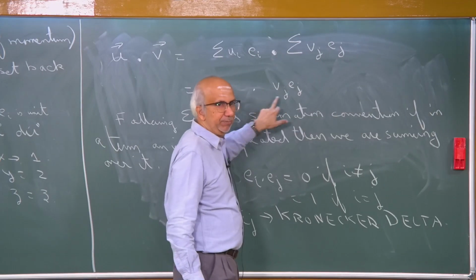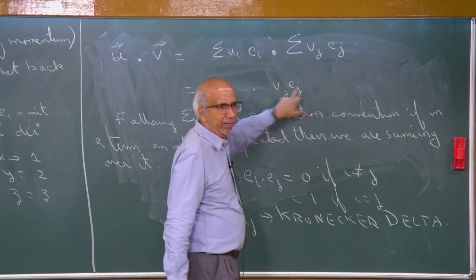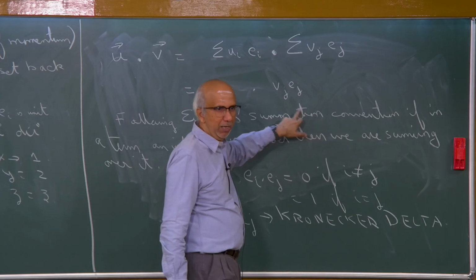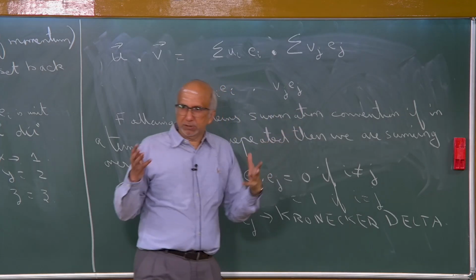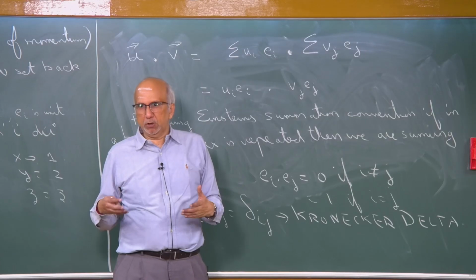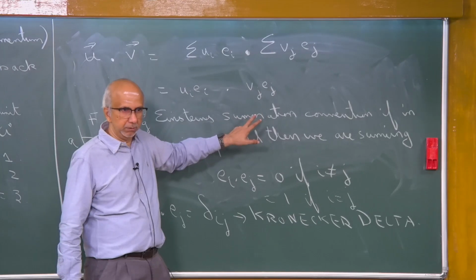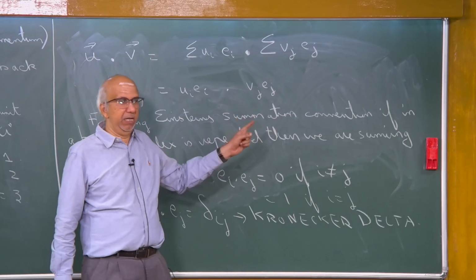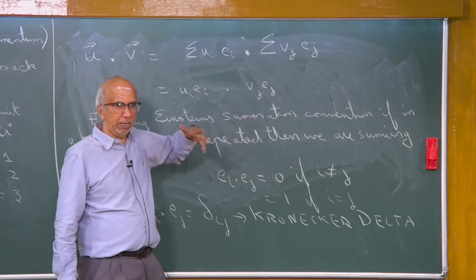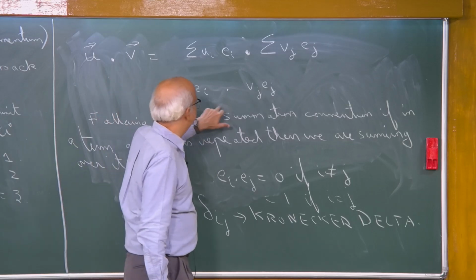If I keep the same thing here, then I am only looking at E1 and E1, E2 and E2, E3 and E3, okay. So you need to consider all possible combinations of i and j. If I keep the same index, what does it mean? If I take 1 here, I am forced to take 1 here, okay. So I do not want to do that, I want to keep it general. So that is the reason the indices are different.